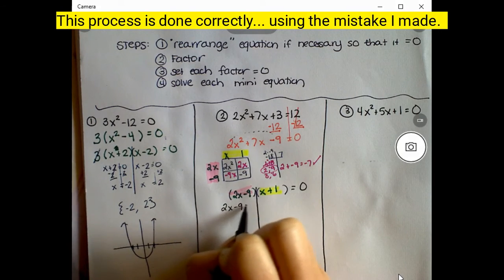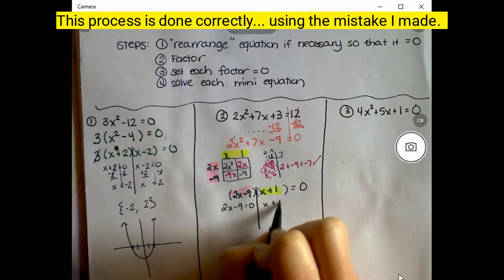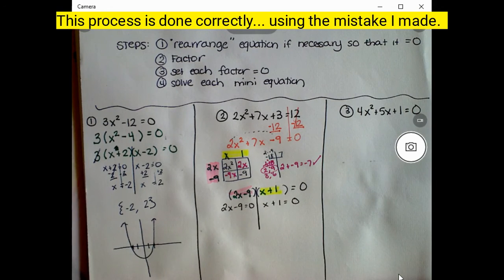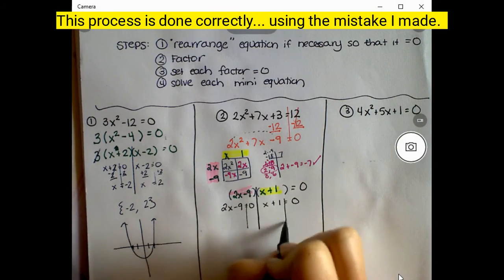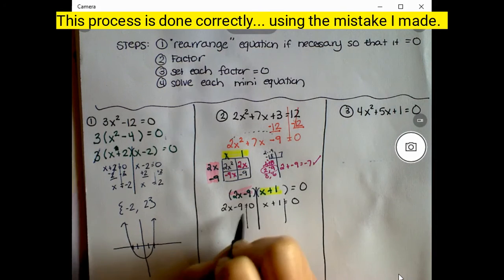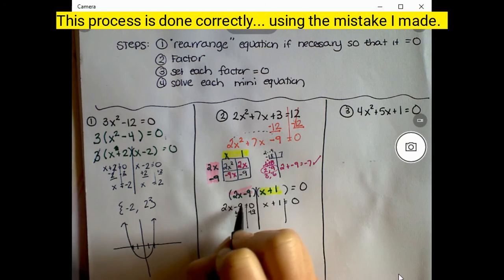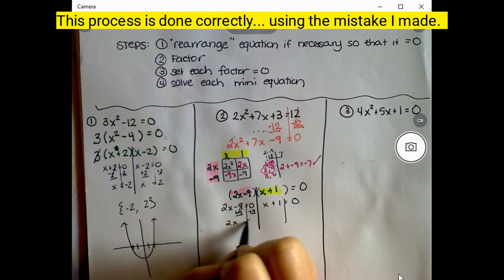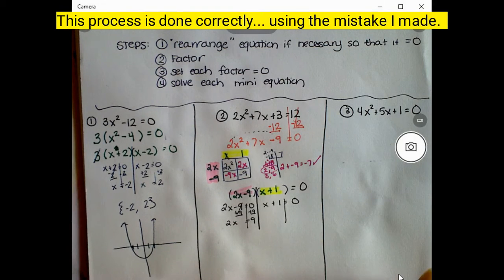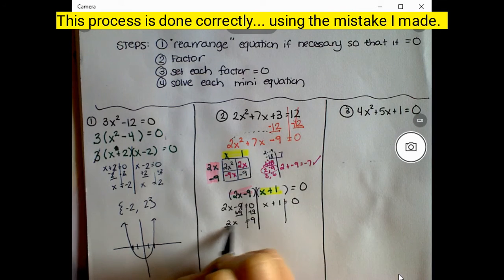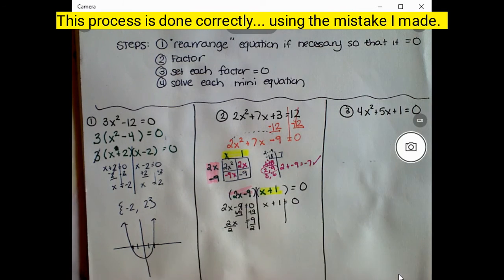2x minus 9 equals 0. X plus 1 equals 0. Now you will solve each mini equation. So first, we need to add 9 to both sides. If you're struggling with solving equations, go back to the solving equations video. Now we have 2 times x, so we're going to divide by 2.